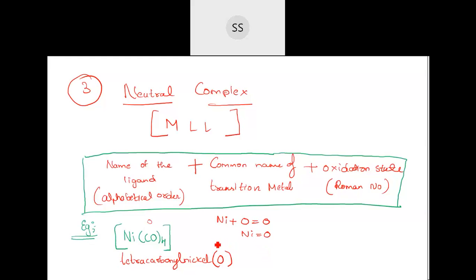Yes, now second one. I think you have finished. Second one. Now you all try this: FeCO5. You all tell me the name for this complex.